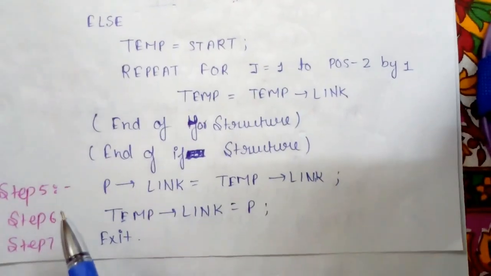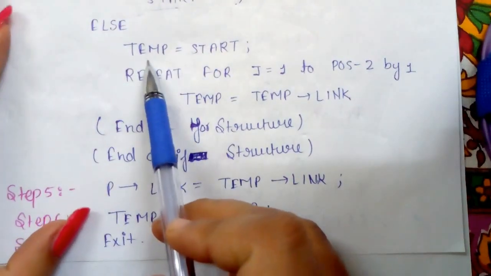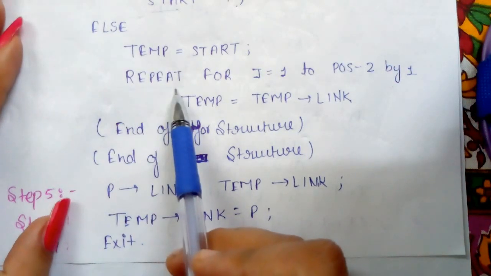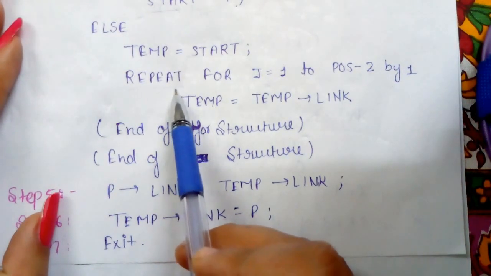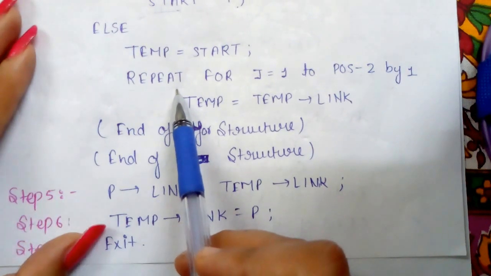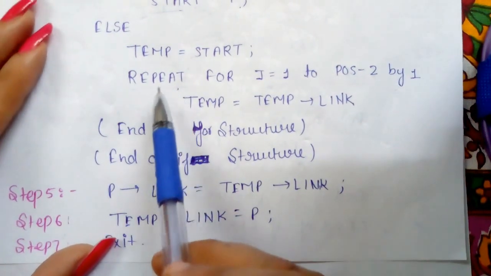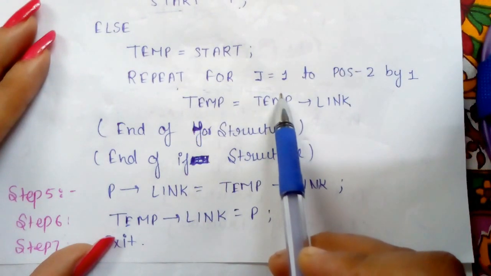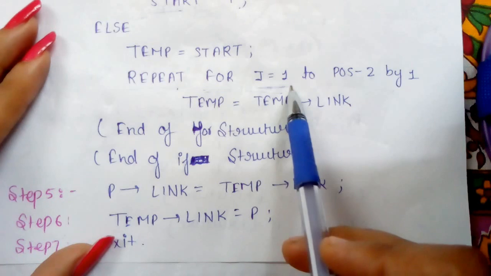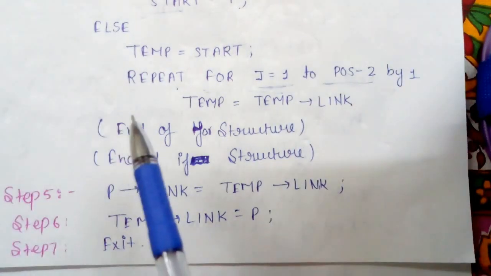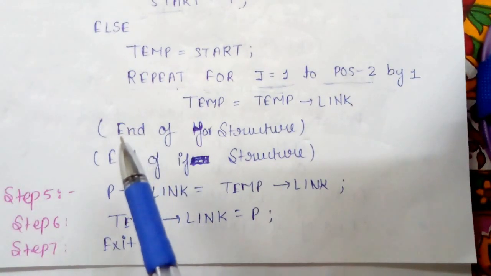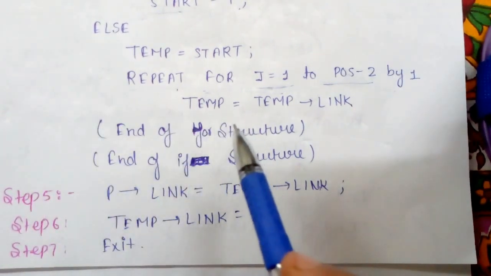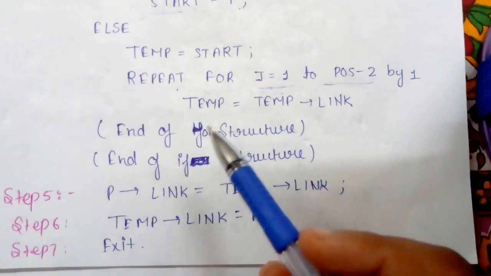Else you will take a temp variable. Now you will execute a loop so that you can place the temp variable at the correct node and adjust the links. So you start a for loop from I equal to 1 to position minus 2, because I have told you that if the position value is equal to 3, then you will execute temp only one time.